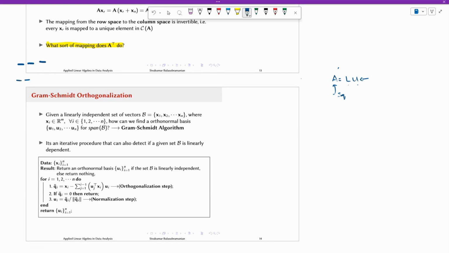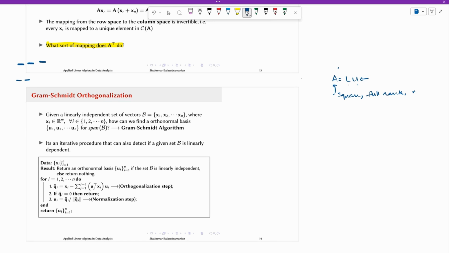So this is square, full rank, and no so that was the first of the matrix decomposition methods that we'll see in this course.